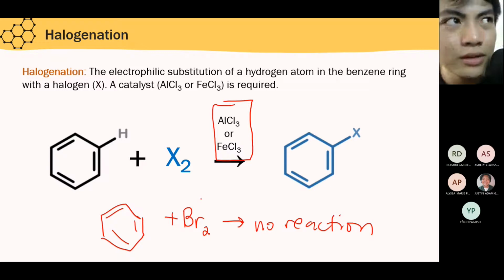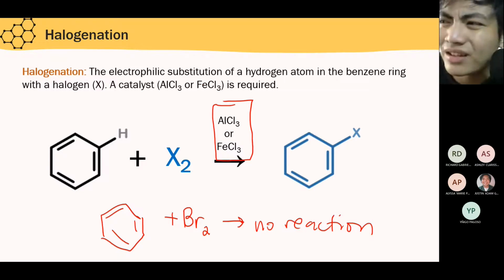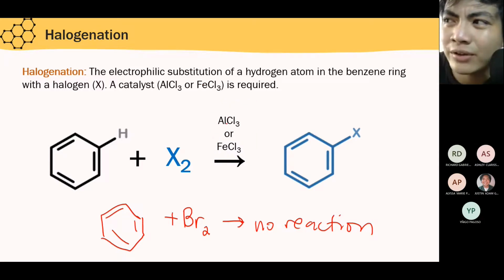Okay? So, ano yung catalyst? Okay? So, the catalyst is either aluminum halide or iron-3 halide. Okay? So, it is either aluminum 3 plus halide or Fe3 plus halide. Okay?